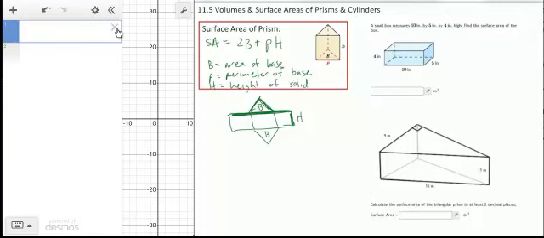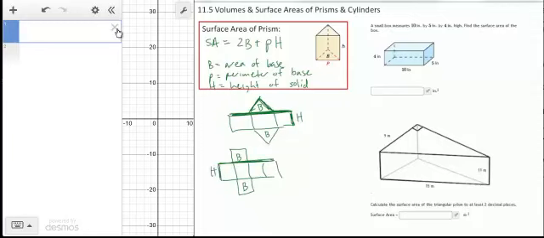Okay, and that works for everything. So if you have a prism with 4 sides to its base, right? Here would be your 2 rectangular bases, and then this would be the perimeter of that base, and this would be the height of your solid.